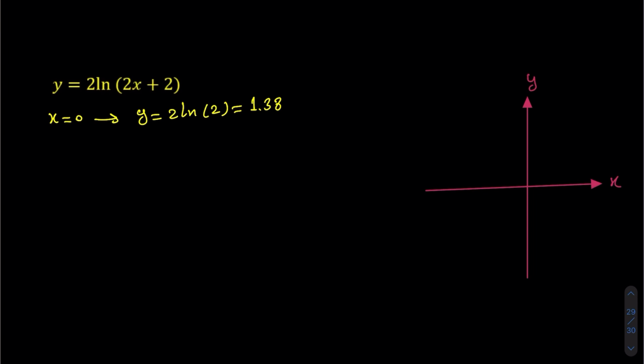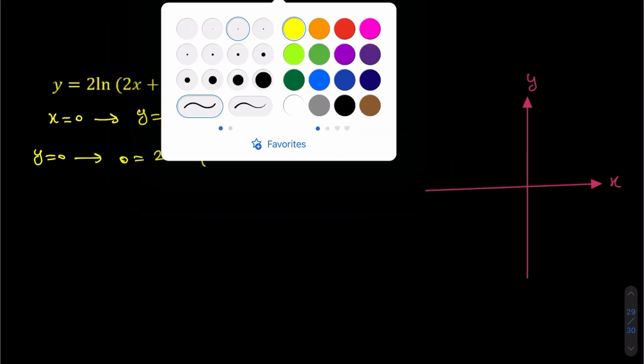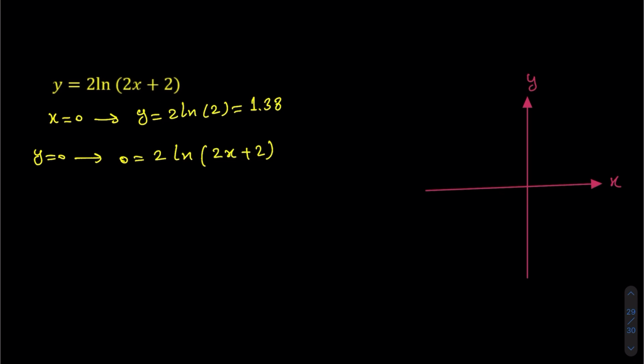Okay, and if we say y is equal to 0, what will happen here? Therefore 0 will be equal to 2 times ln, the natural logarithm, of 2x plus 2. Now, how to solve this? There is a problem here, and the problem is we have another term here, which is a constant number, 2.